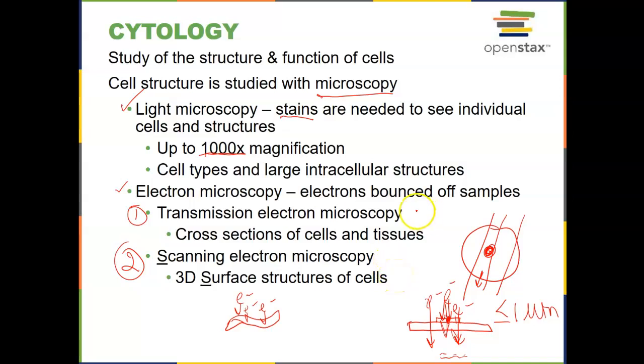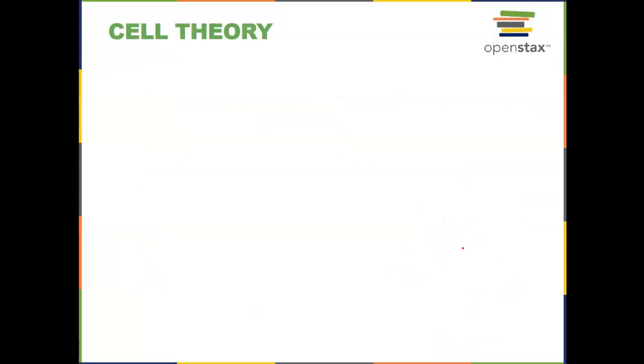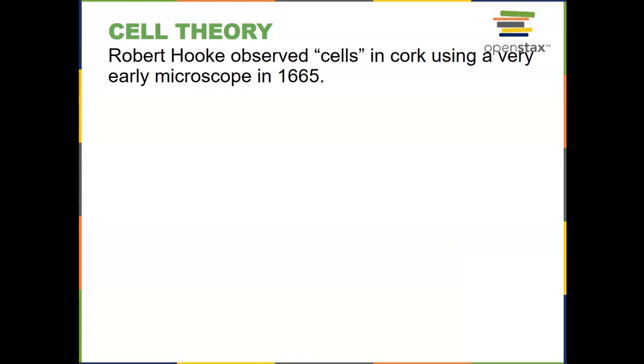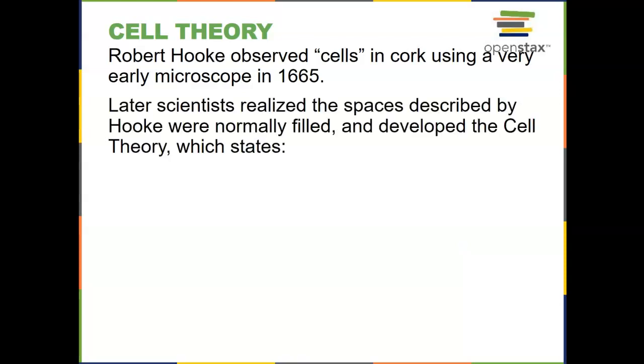So with transmission, you're looking at the internal elements, and with scanning, you're looking at the external. We will look at some other pictures pretty soon here, and I'll identify whether it's transmission or scanning electron microscopy when we look at those.